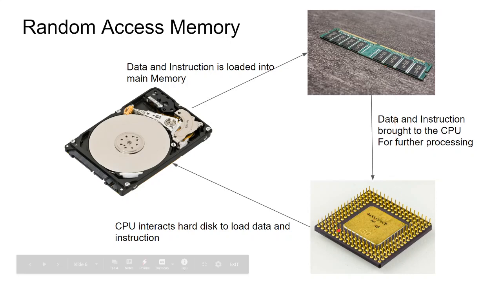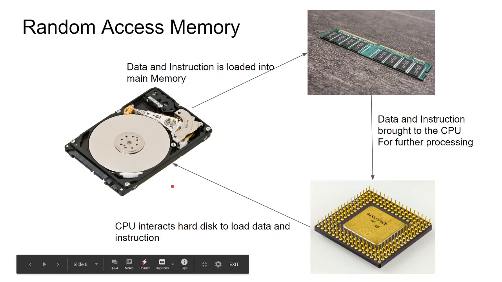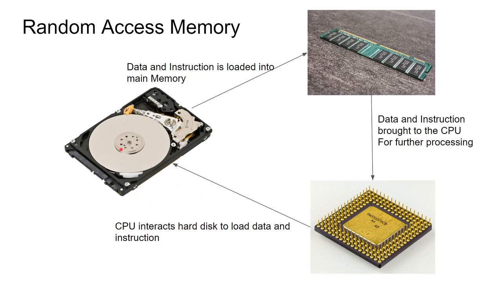The CPU instructs the hard disk to load the data and instructions from it to the primary memory. This goes on. So this is how random access memory actually works, or the communication between the hard disk, processor and the main memory.